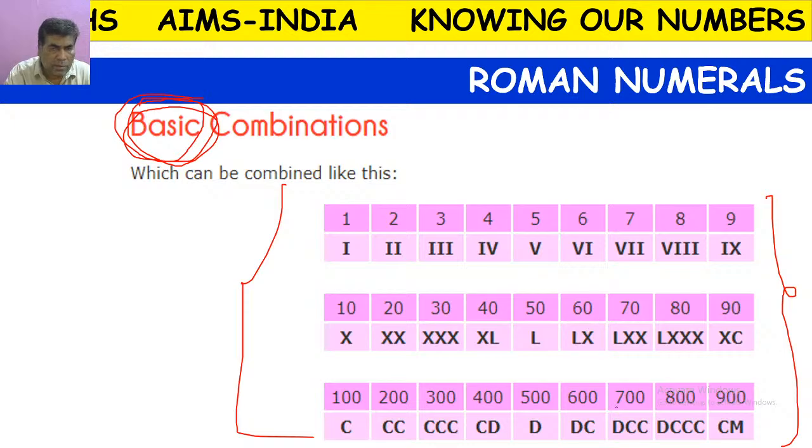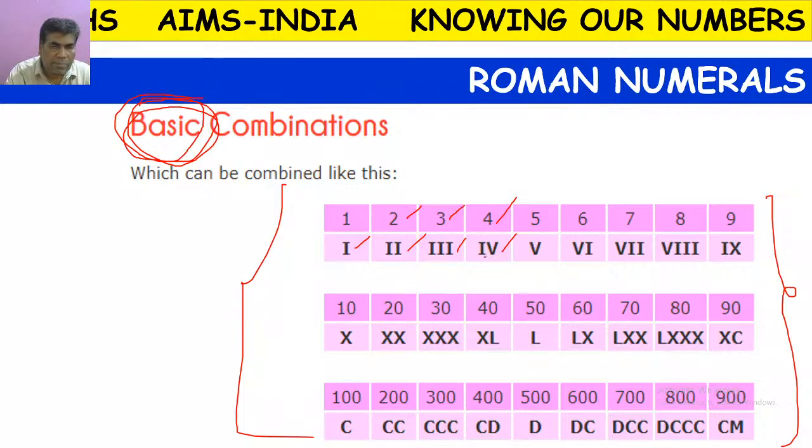With those basic symbols only, all these numbers can be written. Already you have learnt about Roman numerals in your earlier classes. 1 means I. 2 means II. 3 means III. 4 means from the 5 symbol, 1 is to be subtracted. So that's why they have written IV.